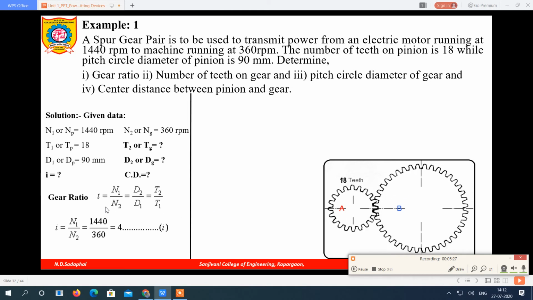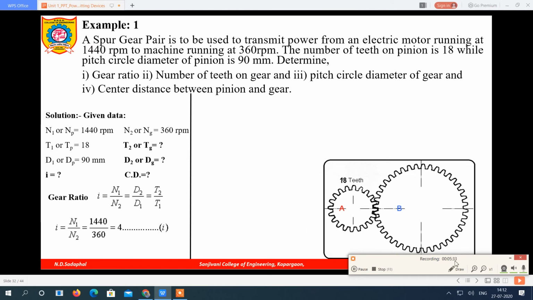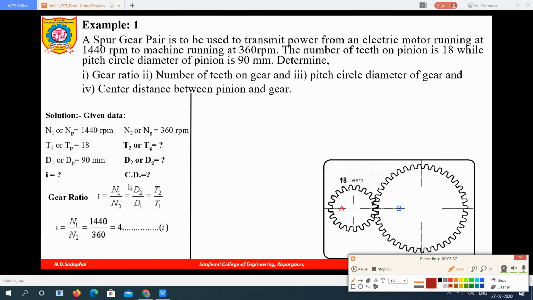Now again we know the formula of gear ratio. We have calculated i. Now we have to calculate T2 and D2, so we can use the two formulas, D2 upon D1 and T2 upon T1.